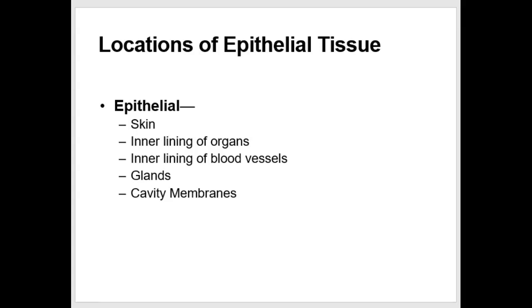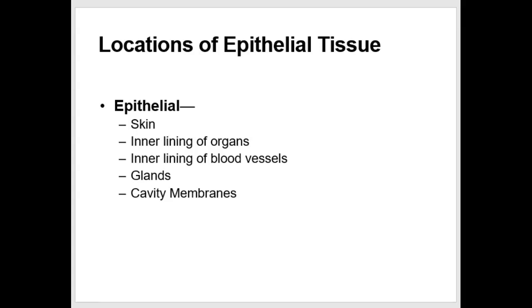All the capillaries, medium-sized blood vessels, and the largest blood vessels, the aorta and the vena cavas, are lined with epithelial tissue. Your glands that produce sweat, sebum in your skin, pancreatic glands, any gland in your body that produces a hormone is composed of a type of epithelial tissue.